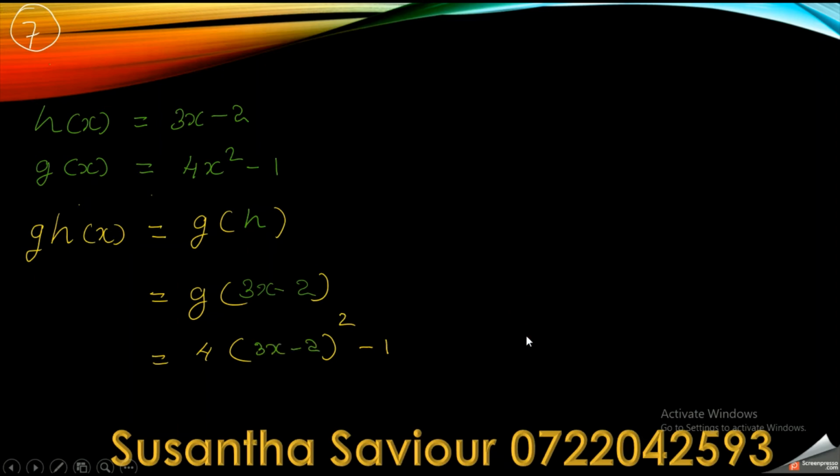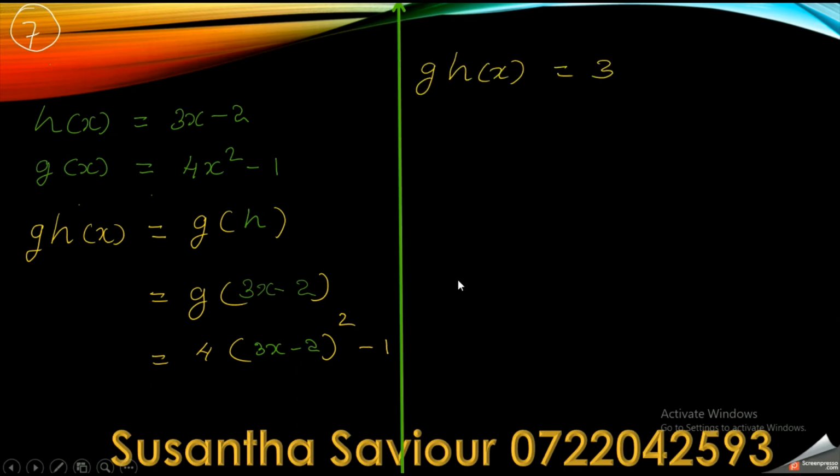Now you can see in the function g you apply h. h is actually 3x minus 2. So you go to the function g and replace this one, right?